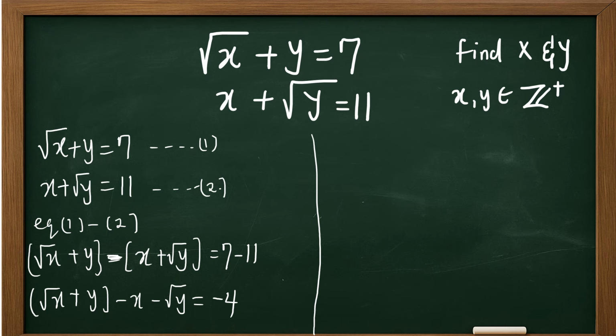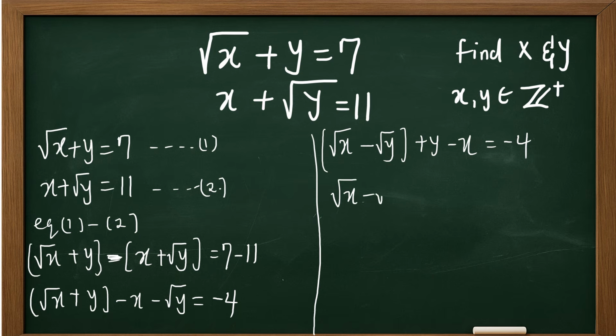Next, combining the roots, we have the square root of x minus the square root of y, and here we have plus y minus x equals negative 4. Rewriting this given equation by putting everything in parentheses, we have the square root of x minus the square root of y minus x minus y equals negative 4.